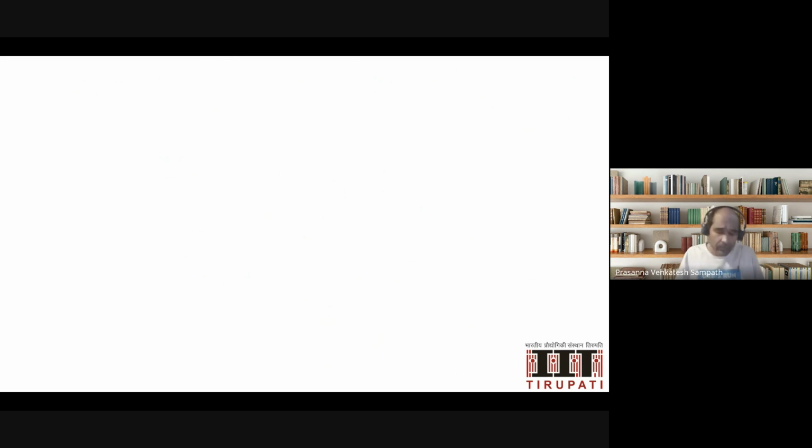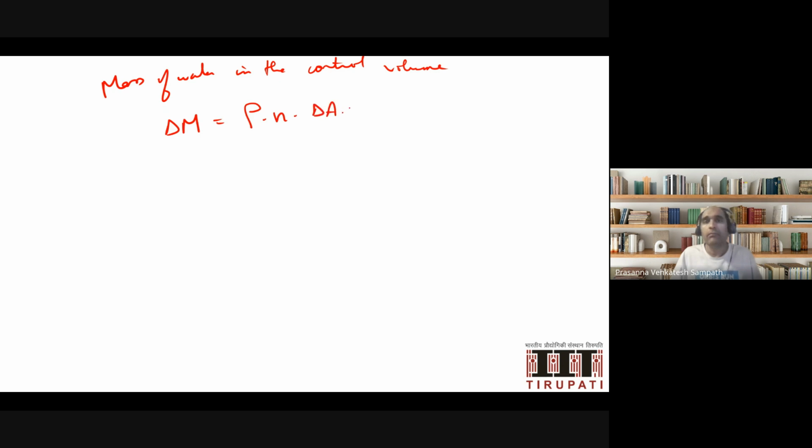So now the mass of water in the elemental volume. My control volume has a little bit of water in it. What is the mass of water inside that box? So it will be delta M. If delta M is the mass of water in that box, it will be rho times n times delta A times delta Z, right?